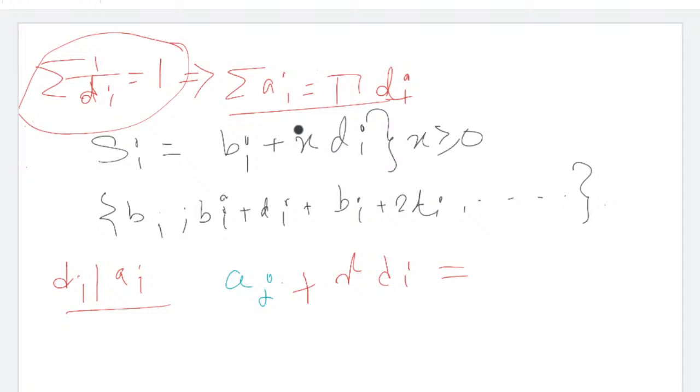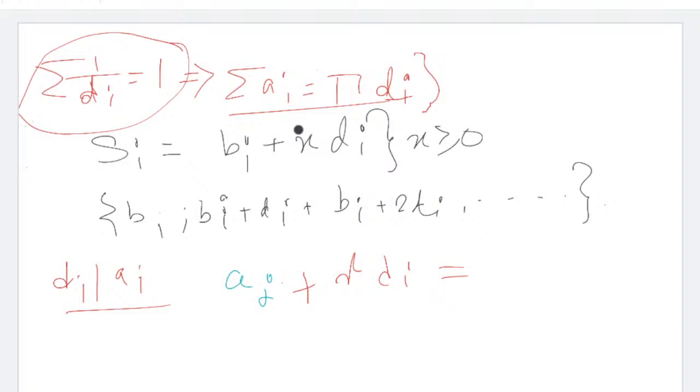So di divides all terms having a di term here, which is every aj where j is not i. Oh, this is a really nice way. Right, so you're saying di divides ai. Oh, that's nice.